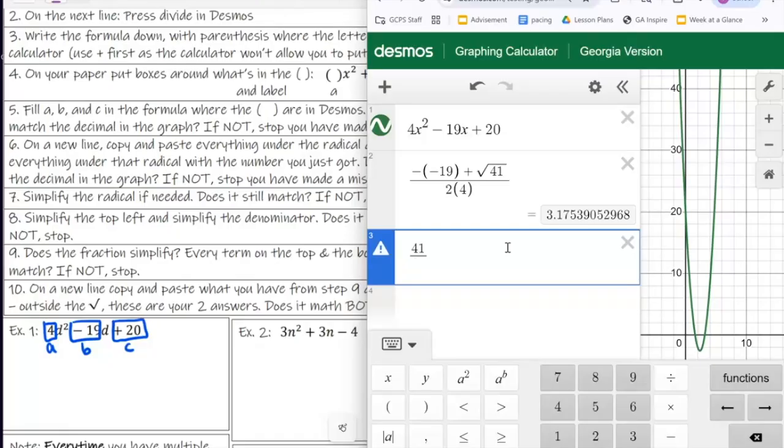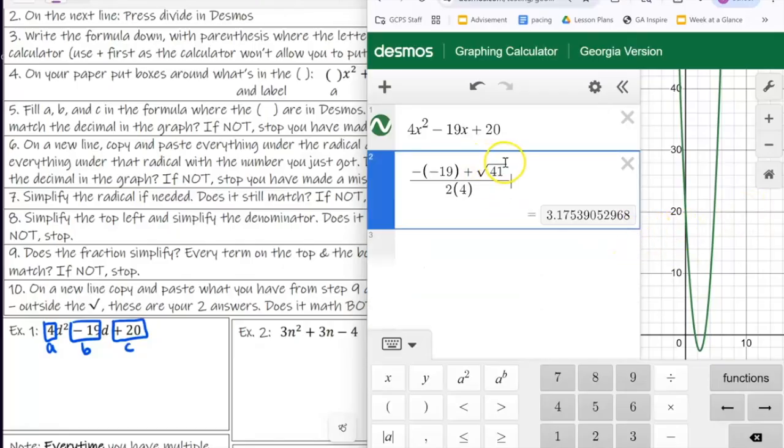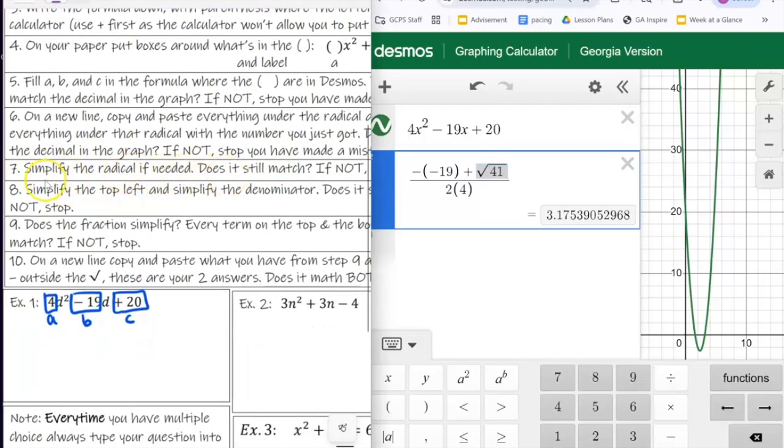I'm going to skip 4 because that's not prime. 5, that doesn't work. 7, that doesn't work. 9, 11, that doesn't work. 13, that doesn't work. 14, 15, 16, 17, that doesn't work. 19, that doesn't work. 21, okay. This is not breaking down, so obviously this radical does not simplify, but if it did, I would need to go ahead and simplify that radical and check it. So now that I know it doesn't simplify, it doesn't need it.